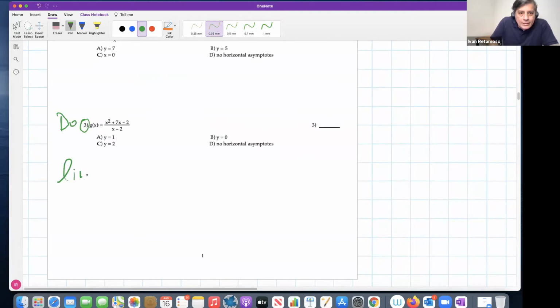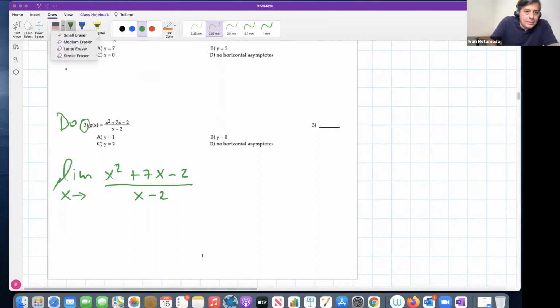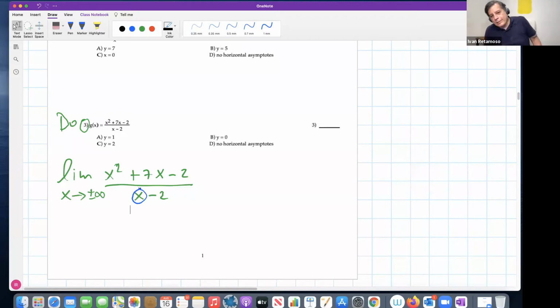You're supposed to take the limit of x squared plus 7x minus 2 over x minus 2, and then see if this is a real number or not. If it is not a real number, then you will say that this doesn't have a horizontal asymptote, right? Remember, this is the largest power of the denominator.